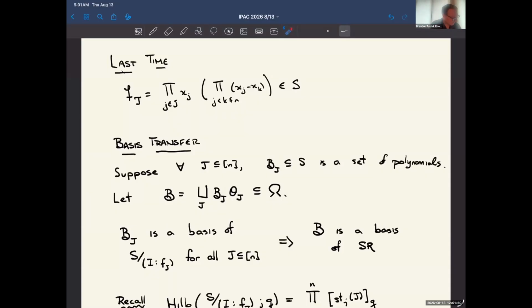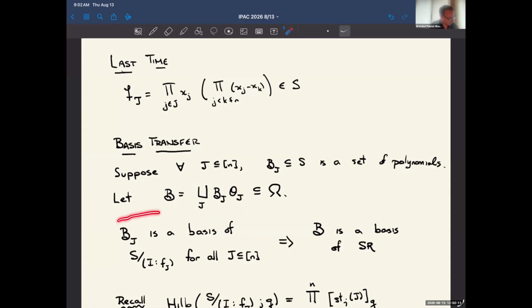So suppose that for all subsets J of the integers between 1 and n, we can find a set B_J of polynomials, and we're going to let B be this set of superspace elements obtained by taking a disjoint union over all J of B_J times theta_J.